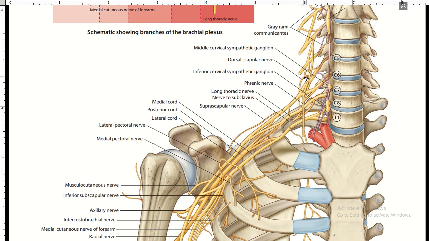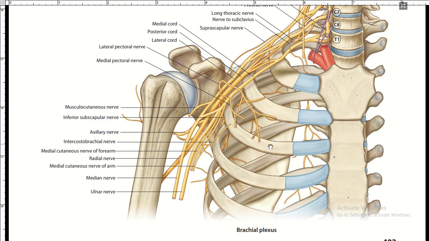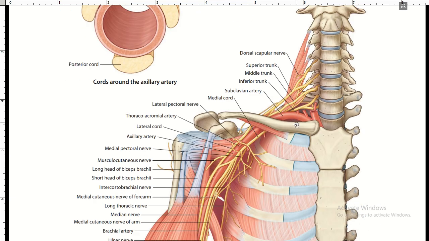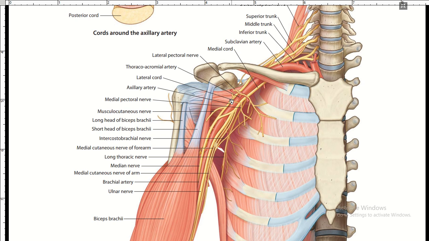That will be going to innervate the levator scapulae, the rhomboid major and rhomboid minor, right? Very important. So what I want you to appreciate here is this. If we get to the axilla, I'm going to talk about the axillary artery being divided into three parts by what?